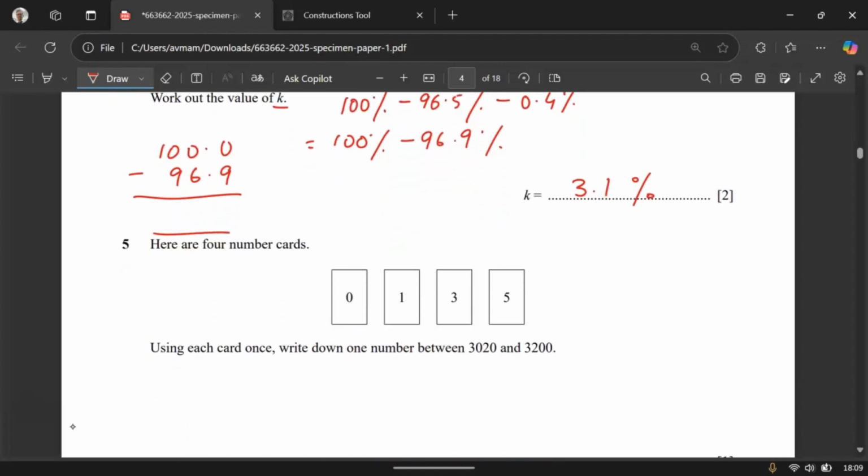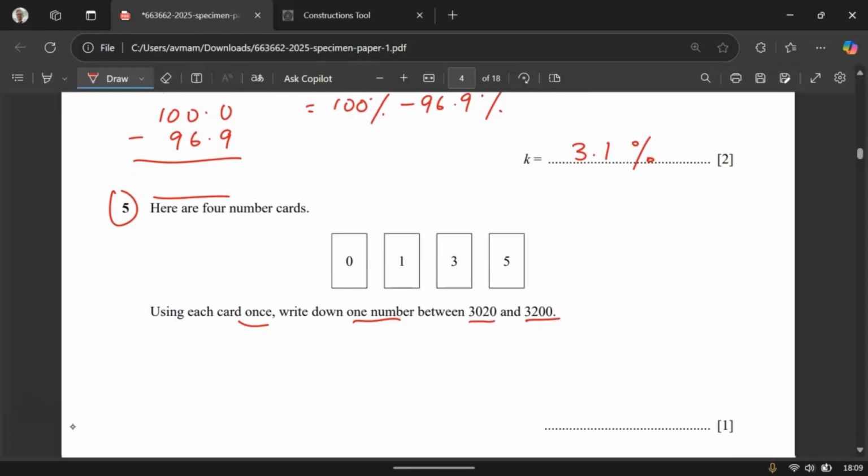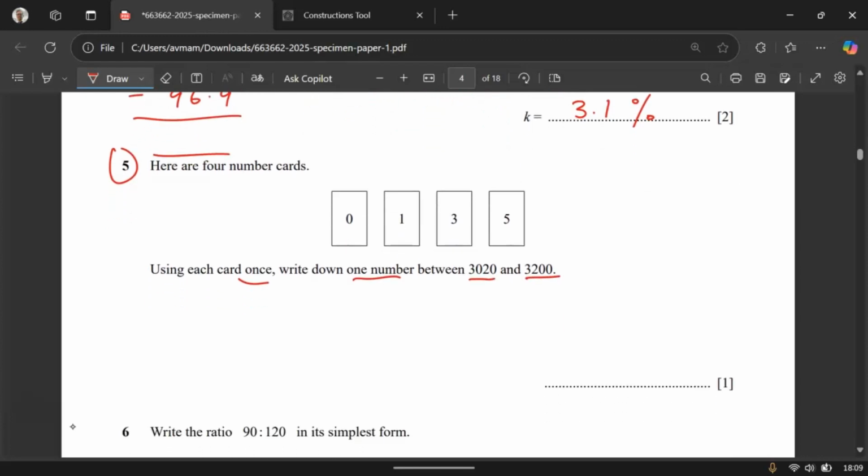Let us look at question number 5. Here are 4 number cards. Using each card once, write down one number between 3020 and 3200. We just need to write one number, but let us try and see all the possible answers. Okay, so I can write 3051, that is one possible answer.